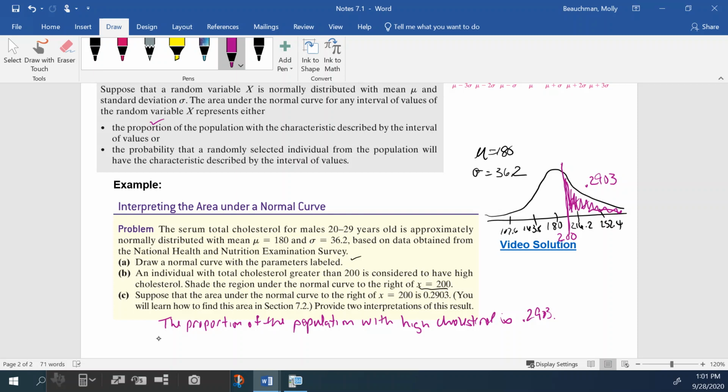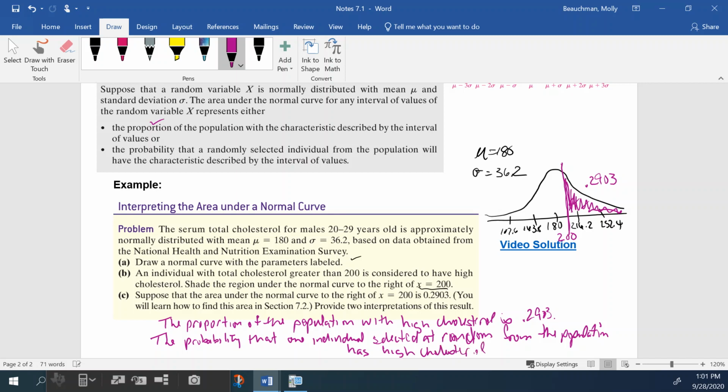Or it could be a probability. The probability that one individual selected at random from the population has high cholesterol is 0.2903.